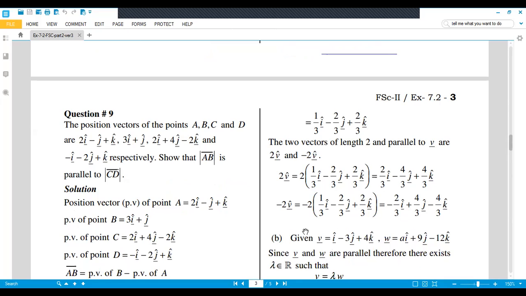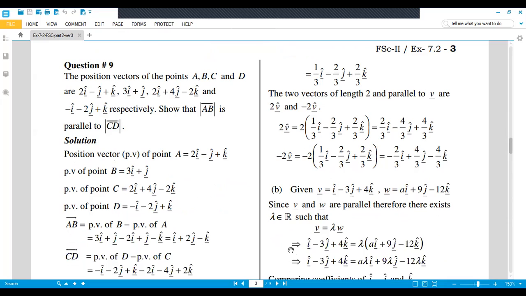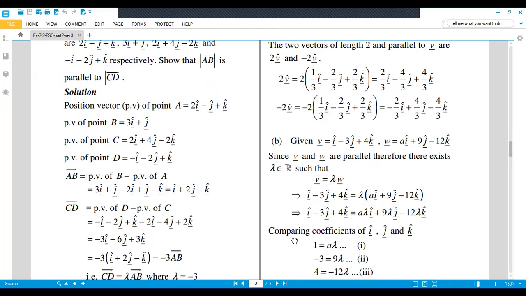In the second part, you are given: find the constant A so that the vectors V and W are parallel. Since V and W are parallel, there exists lambda belonging to R such that V equals lambda W. So we put the values of V and W, multiplied with lambda, and compare coefficients of i, j, and k.